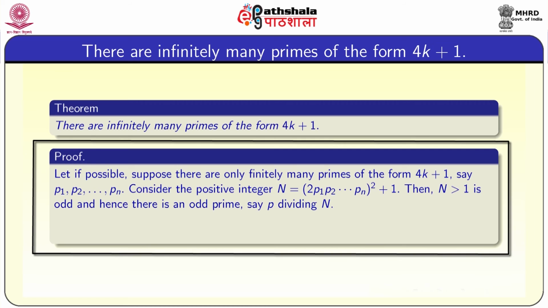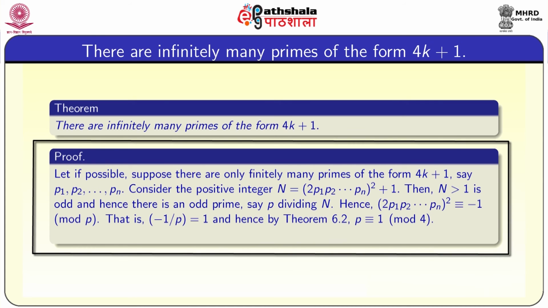Then clearly n is greater than 1. So, by the fundamental theorem of arithmetic, n has a prime factor. Further, n is also odd, so it has to be divisible by an odd prime p. Since p divides n, and n is equal to (2 p1 p2 ... pn)^2 + 1, we get that (2 p1 p2 ... pn)^2 is congruent to -1 mod p.